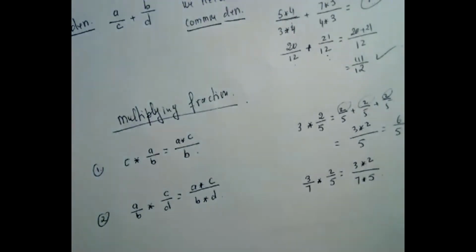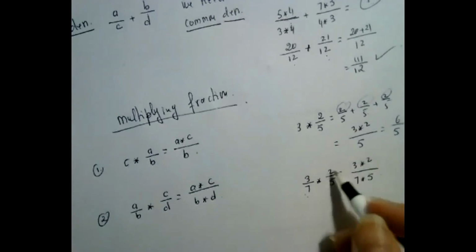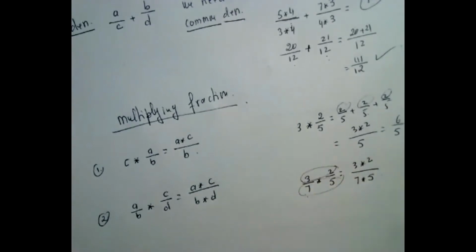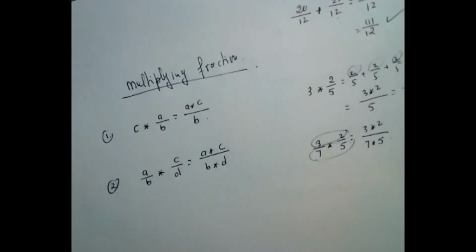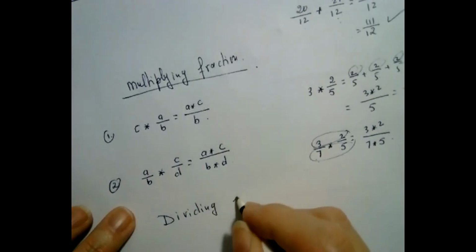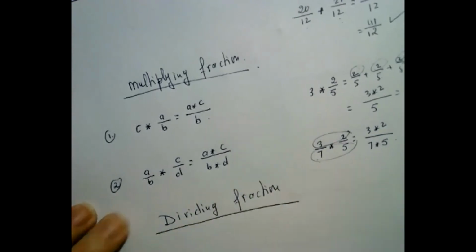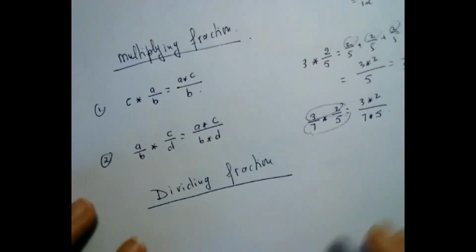Good, all right? So this is how we multiply fractions. Whenever I have a fraction times a fraction, it's the product of the numerators over the product of the denominators. Now, dividing fractions. Okay. Let us remember.